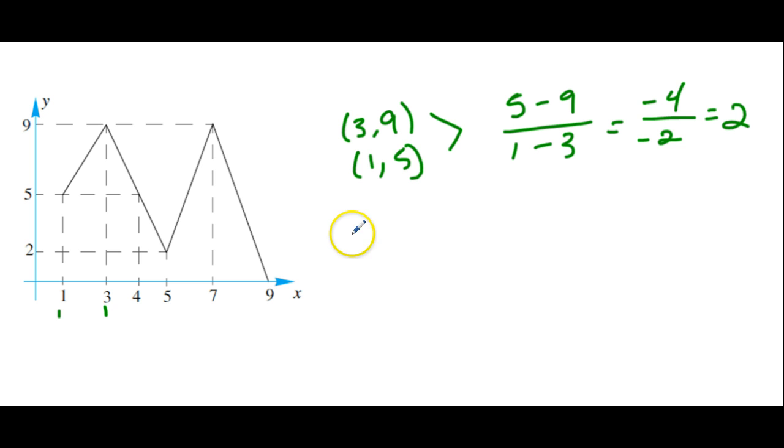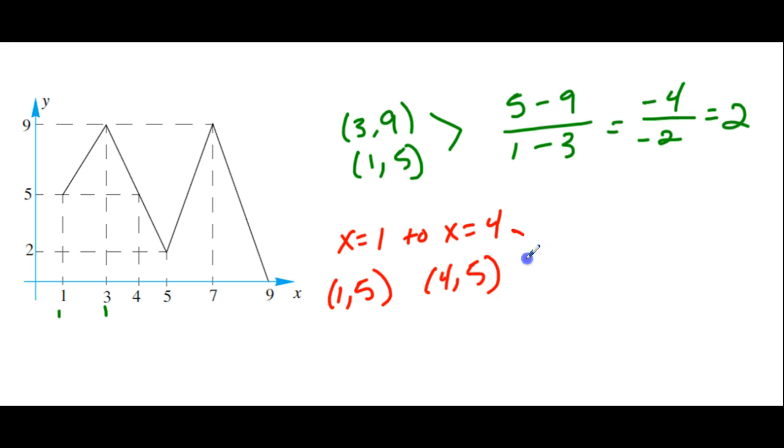Let's look at the average rate of change from x equals 1 to x equals 4. So again, for 1 we're going to get 5, and for x equals 4, we're going to get 5 as well. So if we find the average rate of change, it's 5 minus 5 over 4 minus 1, and that's going to be 0 over 3, which is just 0.